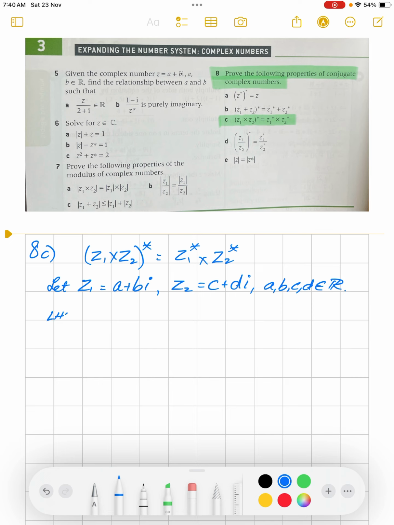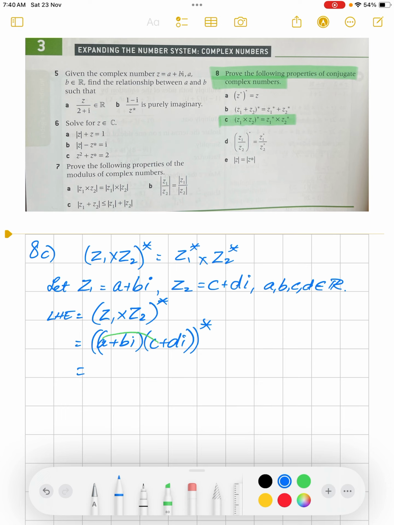So I'll start with the left-hand expression, and that is the conjugate of the product of Z1 and Z2. So let's substitute A plus BI times C plus DI, and we want the conjugate. Alright, so let's expand.